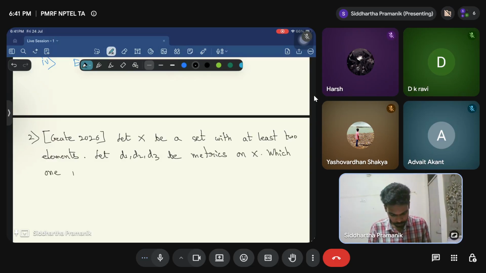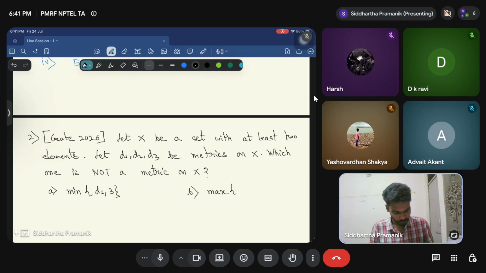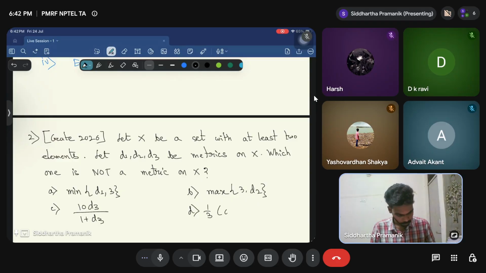The first one is the minimum of d1 comma 3. The second one is the maximum of 3 comma d2. The third one is 10 d3 over 1 plus d3. The fourth one is 1 by 3 times d1 plus d2 plus d3.